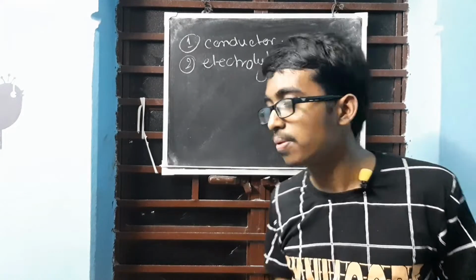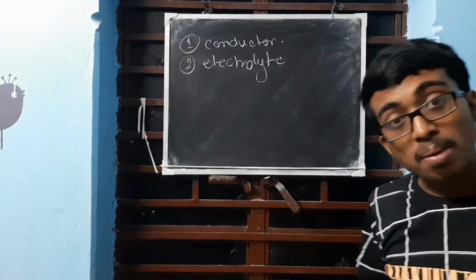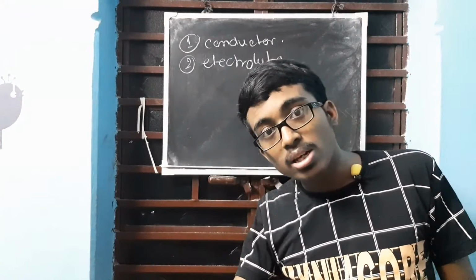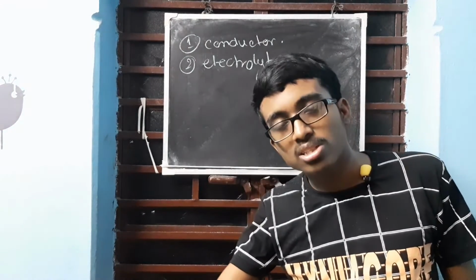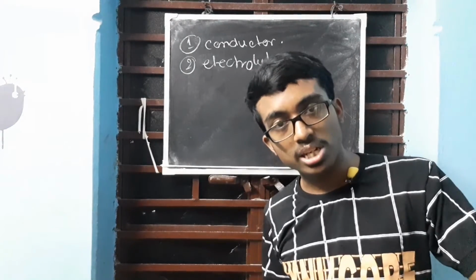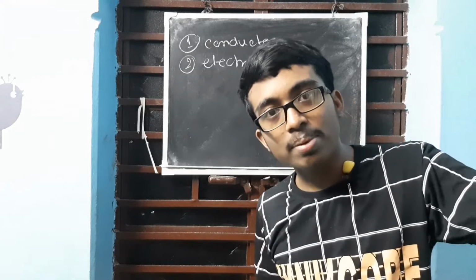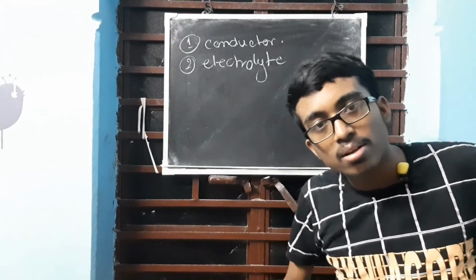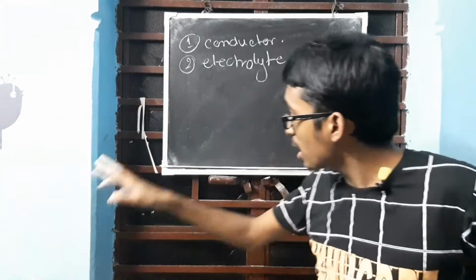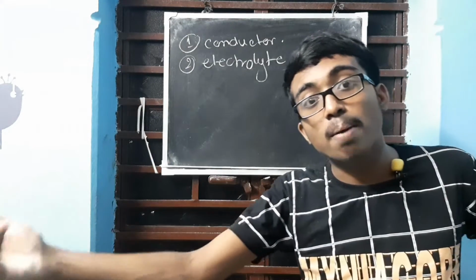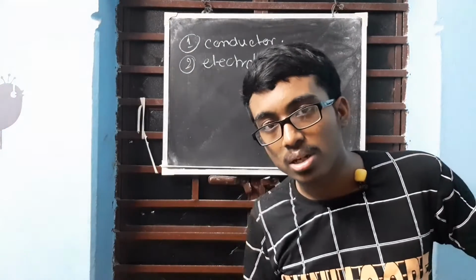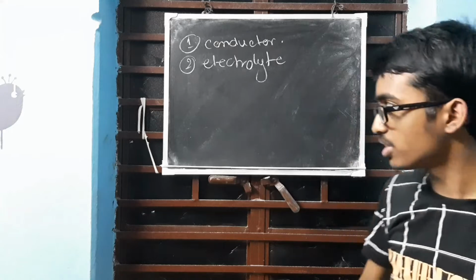Electrolyte is a substance that will conduct electricity in molten state or fused state or aqueous state, undergoing a chemical change. Clear? Conductor is a property of a metal, and electrolyte is an ionic compound. It cannot be a metal. We are coming to the difference a little bit later. First let us discuss this.